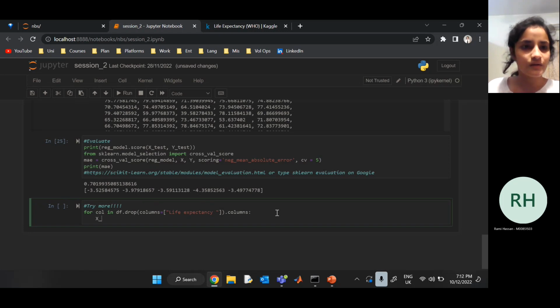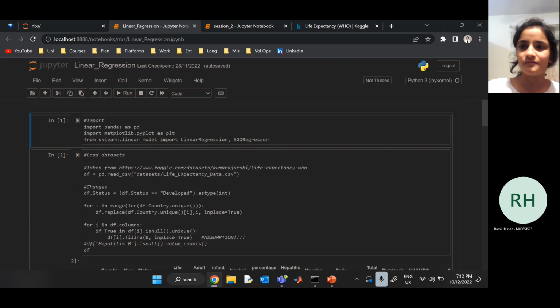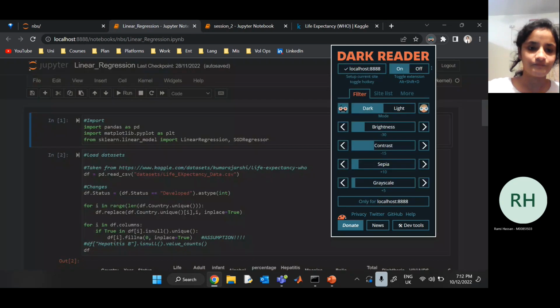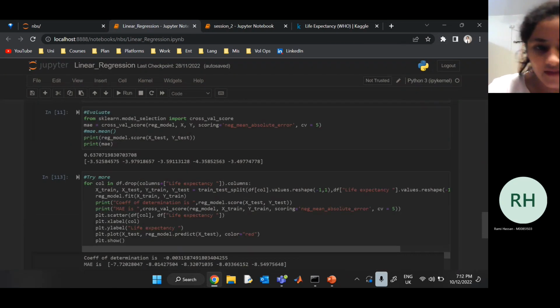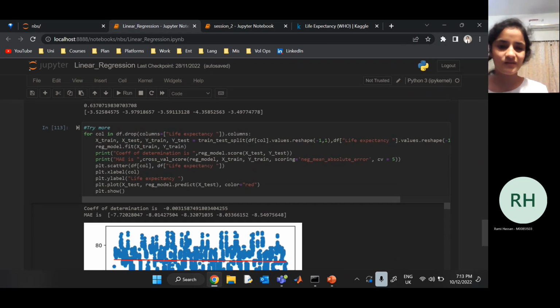Actually, I'm just going to show you how it looks. It's going to take some time to write the whole thing, so here is a notebook I made ready. This is the code I wrote for that.